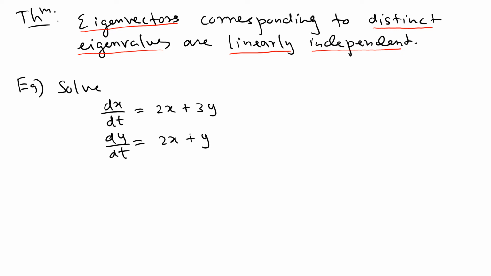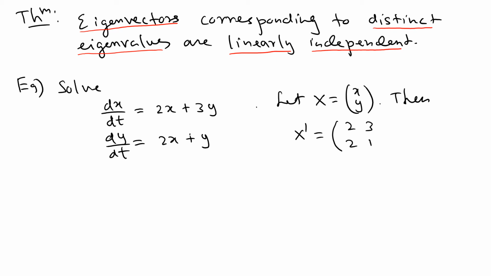So then what we can do is, we write here, let x equal x and y, those are two solutions. Then we can write this system as x prime equals the coefficients 2, 3, 2, 1 times x.